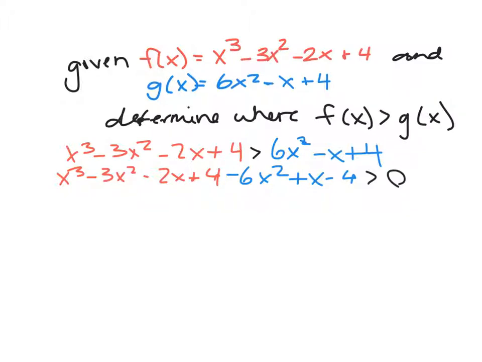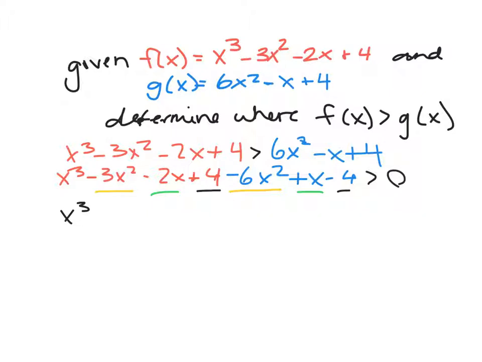We have no other x cubed terms, but we have some x squared, we have some x, and we have no variables attached to some of them. So we're going to go ahead and collect our like terms. And then we have our constant, no variable attached. Rewrite our x cubed.